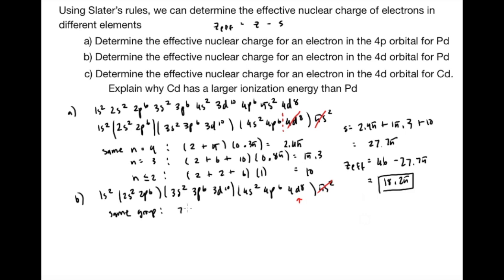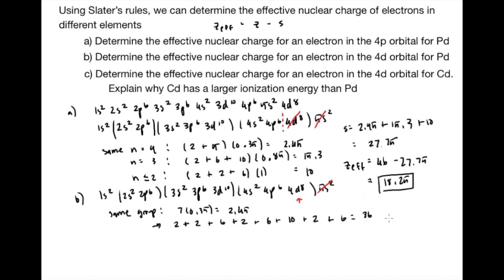So we have 7 times 0.35, and if we plug this in, this is 2.45. And so for everything else, we have 2 from 1s, 2 from 2s, 6 from 2p, 2 from 3s, 6 from 3p, 10 from 3d, 2 from 4s, and 6 from 4p. And so if we add these together, we end up with a value of 36.